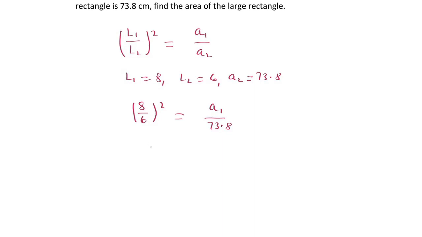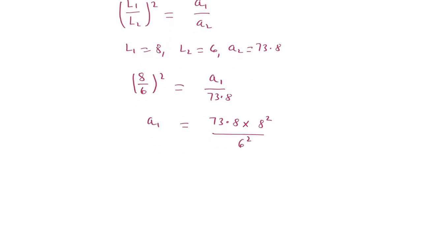Then our equation is going to be A1 equals 73.8 times 8 squared over 6 squared. After solving the values, we are going to have A1 equals 131.2. So we can conclude that the area of the large rectangle equals 131.2 centimeters squared.